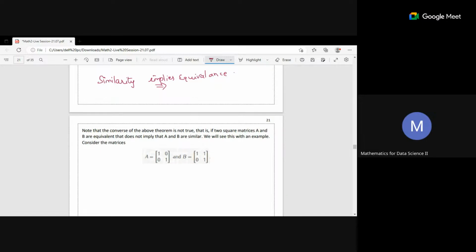Are they equivalent? These two matrices given here, are they equivalent? What about their ranks? Yes, ma'am, they're equivalent. Okay. So what are the ranks? Rank of A is equal to 2, rank of B is equal to 2, both are 2. So A and B are equivalent.